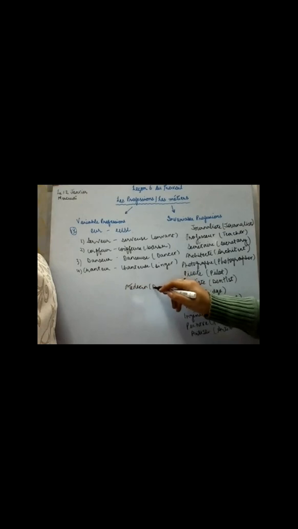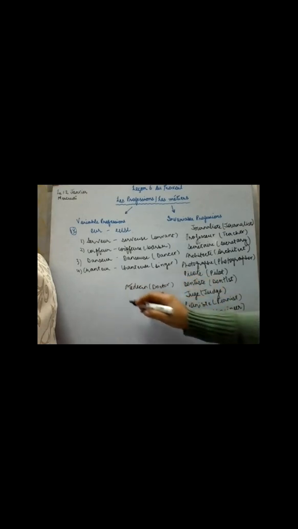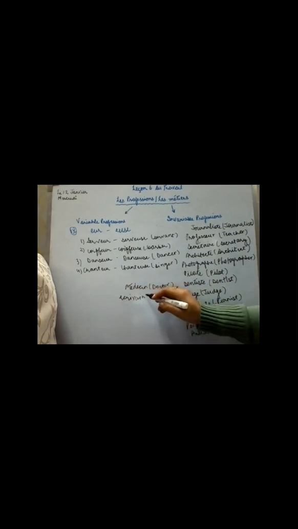Médecin is a doctor, and infirmière is a nurse that we have already studied. And the last one is écrivain. These two professions are not ending with E, but they will remain the same in both cases. We are not going to add any E to them. Écrivain is writer. So these all are invariable professions, which are not going to change.